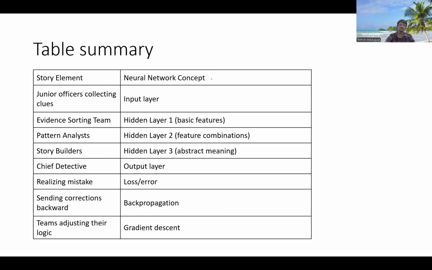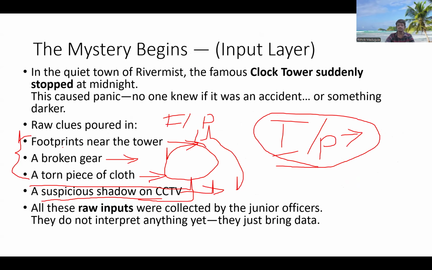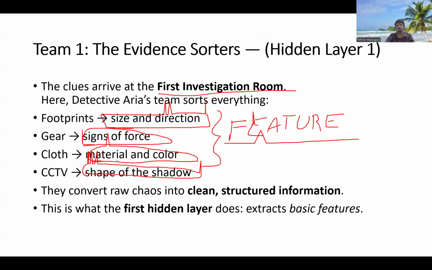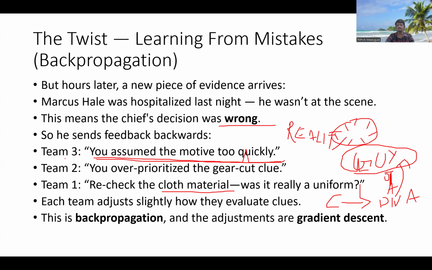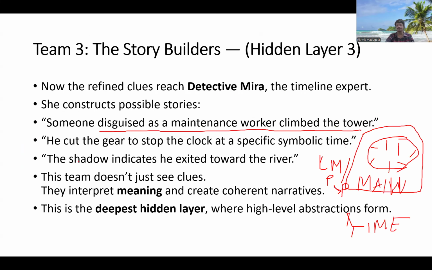So the primary thing is that we are going to learn the basic deep feed forward networks. We have taken the inputs as all three things, that means footprints, broken gear, and the piece of cloth. These are taken up as the inputs. Now coming to the hidden layer, we are going to extract all the basic features.